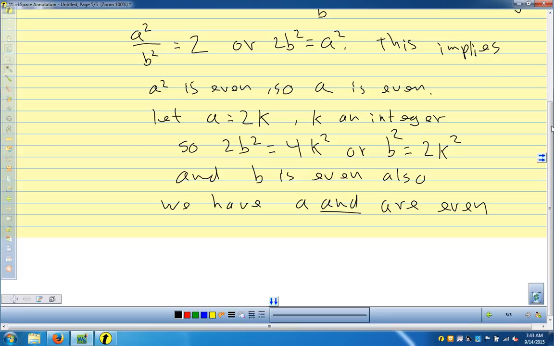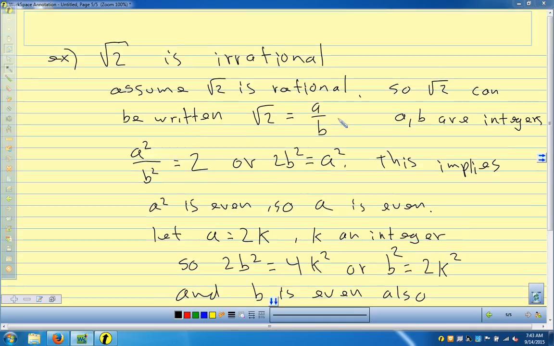And there was one thing that I forgot to mention up here. We're assuming that this a over b is in lowest terms. Forgot to write that in. A over b is in lowest terms. So we've already reduced this fraction. We can write square root of 2 as a fraction in lowest terms. The lowest terms means that the fraction has no common factors, right?